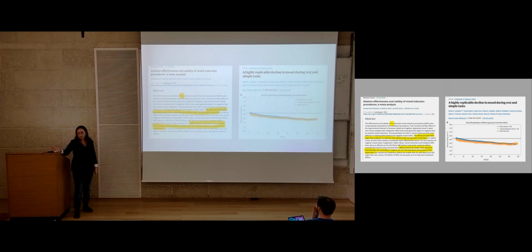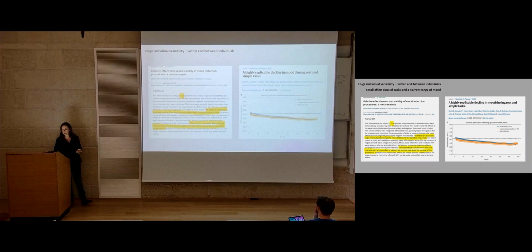Usually in resting state, we analyze default mode networks, different interactions, background neural activity, but we don't tend to ask how you feel. And it's almost like a negative mood induction, when the mood goes down. This is something that experiments do not compensate for, or do not consider, this adaptation to the experiment over time. So we have huge individual variability, both within and between individuals.